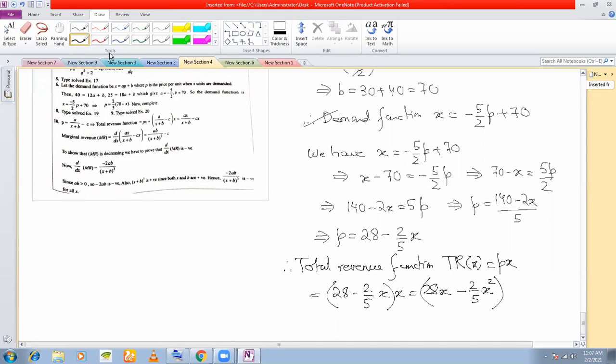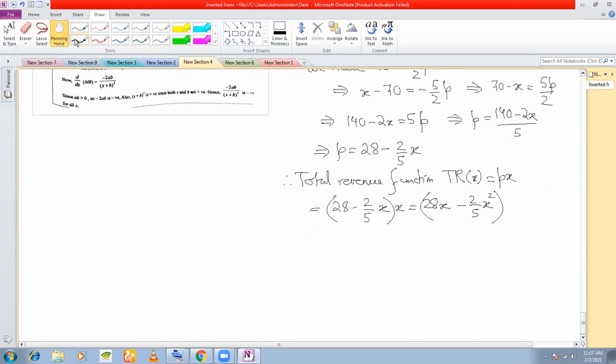So next, average revenue. What is the formula for the average revenue function? Total revenue divided by output. We have found TR.